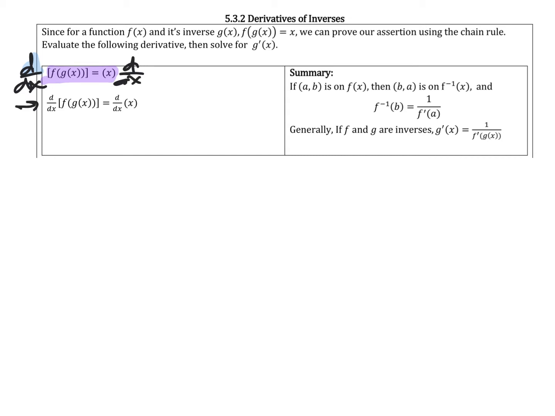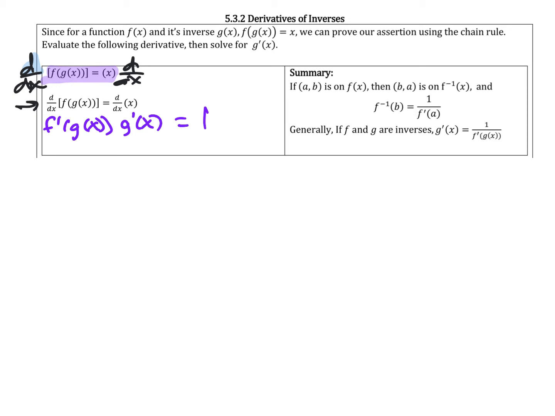So if I take the derivative, on the left-hand side, I'm going to be applying the chain rule. So f prime of g of x times the derivative of the inside, the derivative of the outside function evaluated at the inside, times the derivative of the inside function, that's how the chain rule works, equals, well, the derivative of x is just 1.